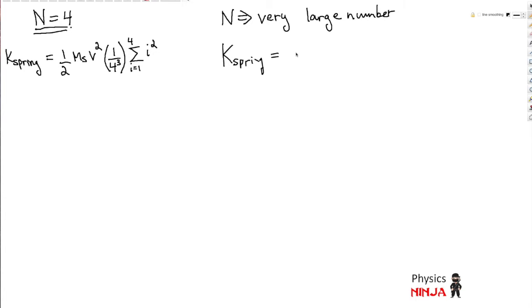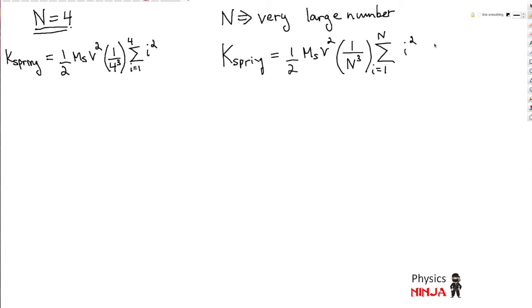Some terms don't change, right? 1/2 the total mass of the spring, and the velocity of the last segment is given by this. Now this term, instead of having 1 over 4 cubed, I end up having 1 over n cubed. And the sum is the same thing. I'm still summing over i squared, except now i runs from 1, and instead of terminating at 4, it's going to go all the way to n.